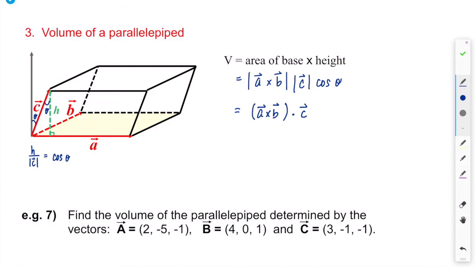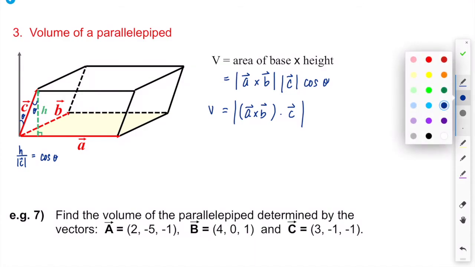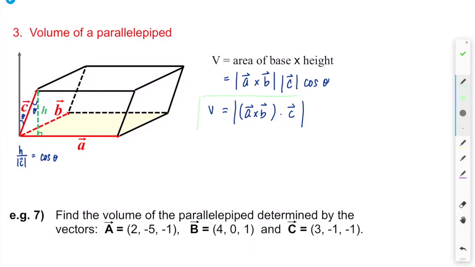But just to be safe, I think your book has the absolute value in it. All right, so this is actually an interesting relationship because it's the volume calculation that involves both cross product and dot product. And sometimes we call this the triple scalar product.